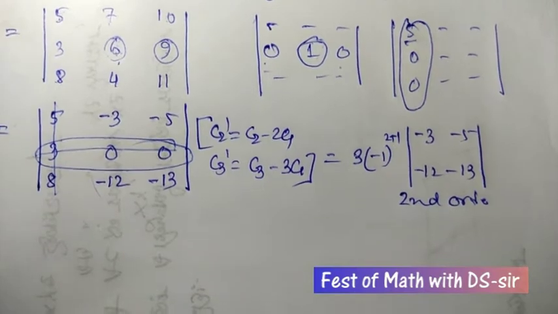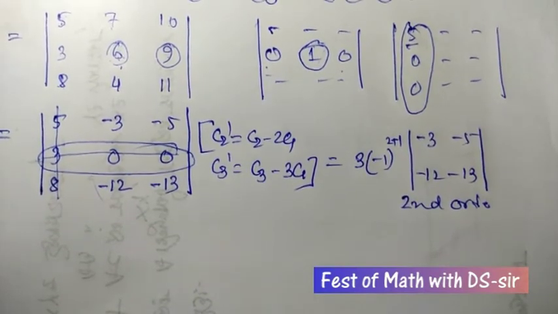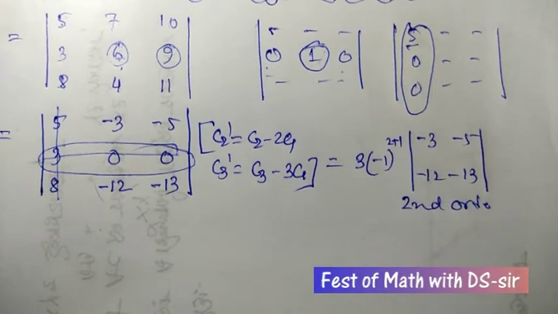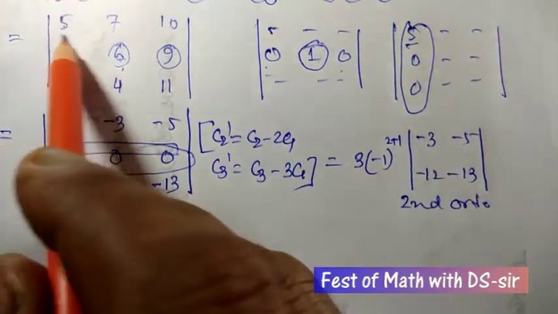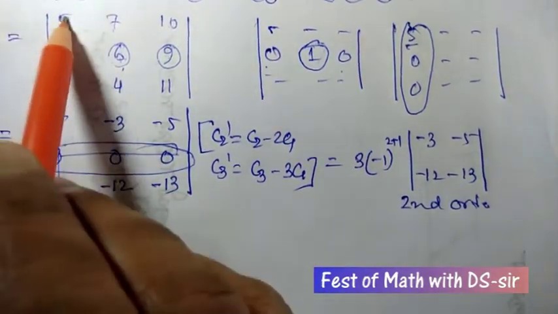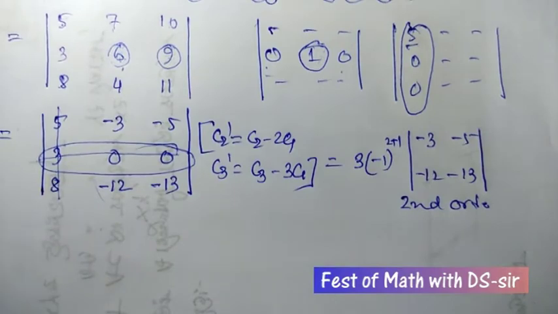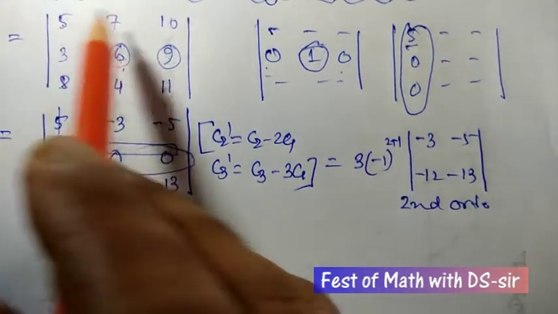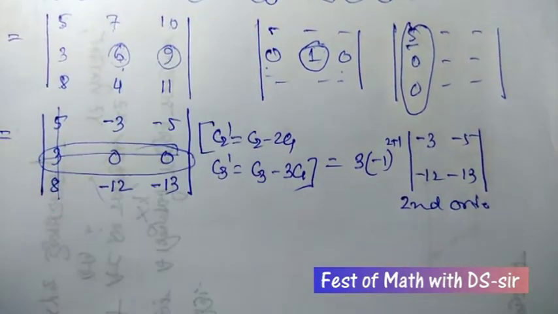How could you do this? You can do this in plenty of ways. First of all, if you want to convert this to 1, take 5, divide this row by 5. This will become 1. This is 7 by 5. This is 10 by 5, that is 2.